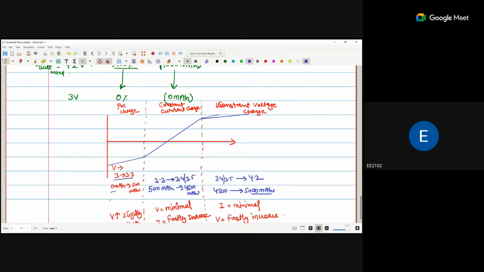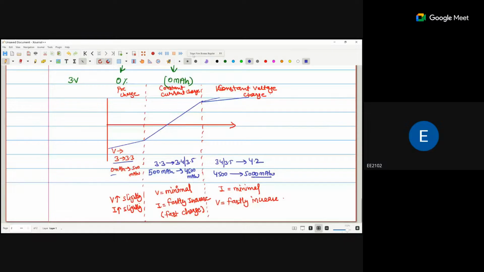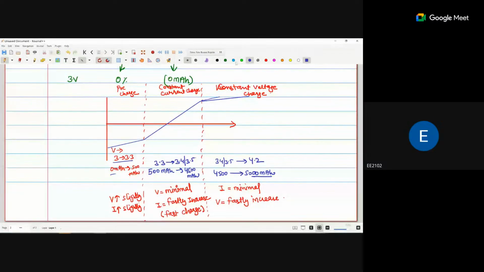Now if you see in the video, the professor will be describing one particular graph. They will explain this type of graph. In the charging, the current will be constantly provided. So this is called the pre-charge condition. The constant current will be provided.